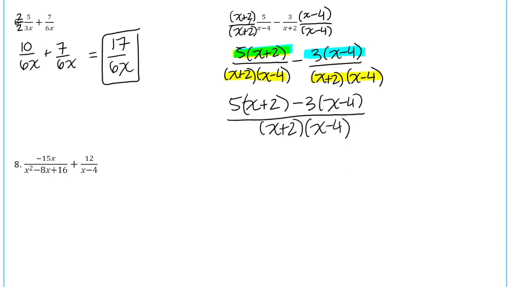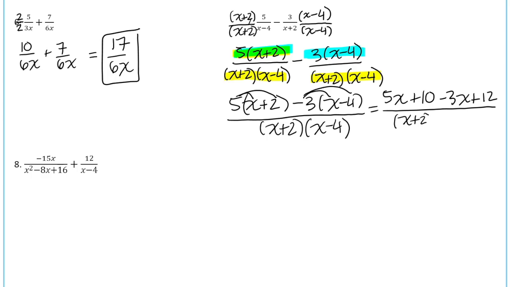Now I do need to simplify the top, so let's do that. I have 5, I'm going to distribute the 5, I get 5x plus 10, I'm going to distribute the negative 3, I get negative 3x plus 12 all over, I'm not going to multiply the denominator, I'm going to leave it factored. We're almost there. We just need to combine like terms. I've got my 5x minus 3x, so that would be 2x.